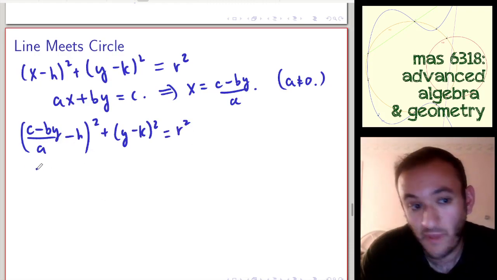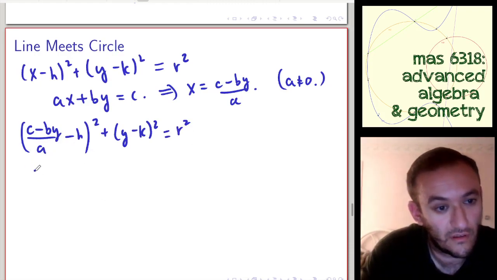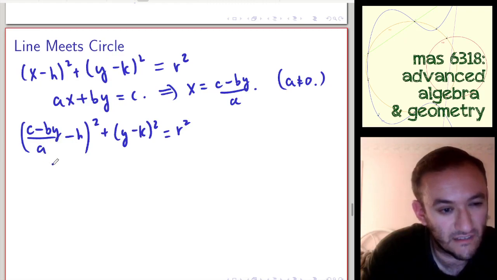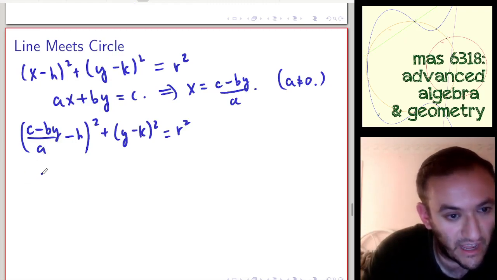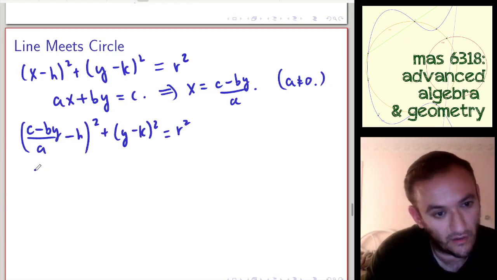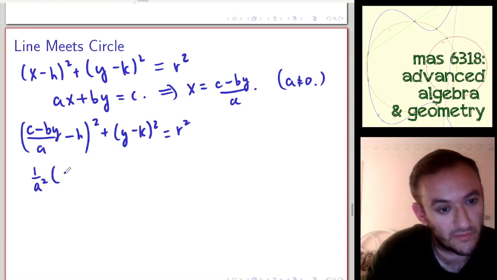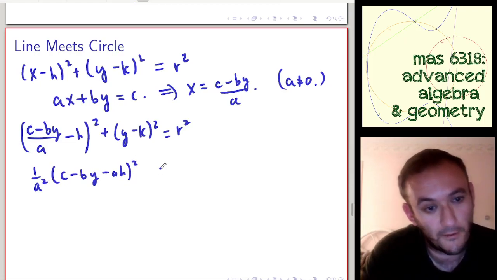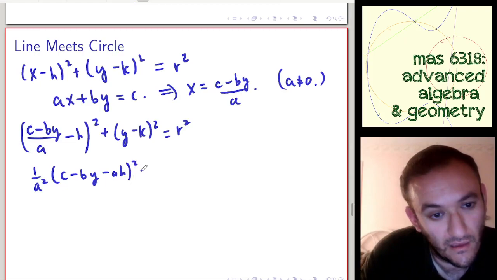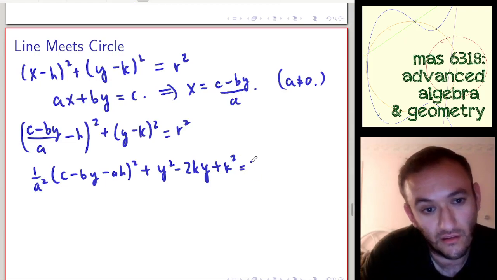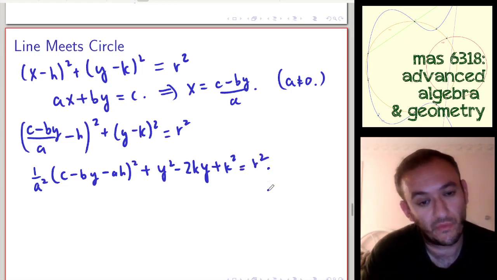And now let's expand. It'll probably be easier if we factor out 1 over a squared here. So we have 1 over a squared times (c minus by minus ah) all squared plus y squared minus 2ky plus k squared equals r squared.